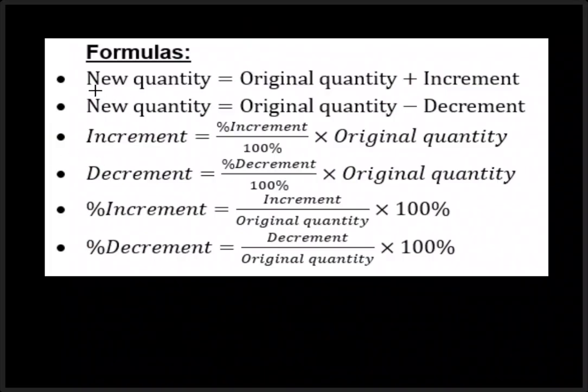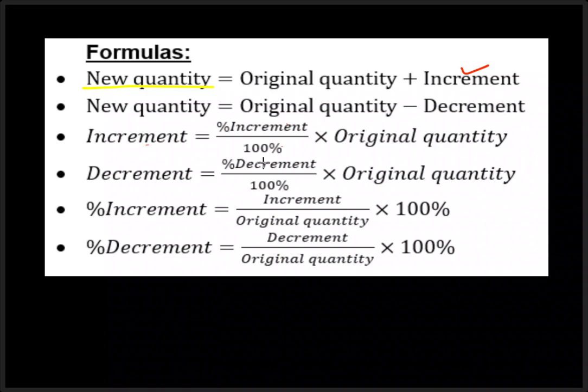Our new quantity is equal to original quantity plus increment, if we are dealing with increment. And the new quantity, if it is decrement, is original quantity minus decrement. If you are changing percentage increment to increment, that would be percentage increment over 100% times original quantity.